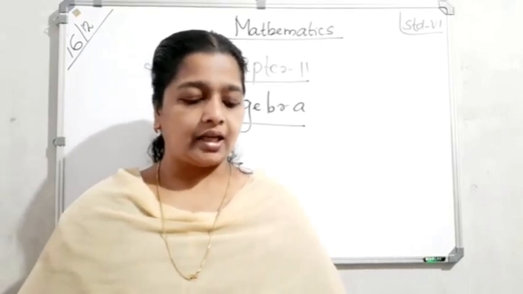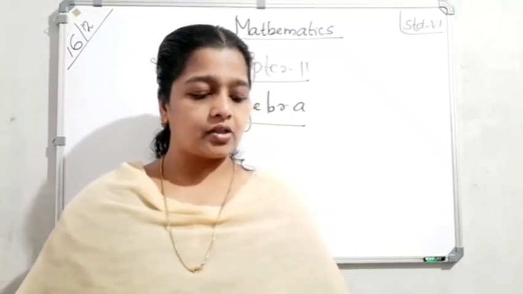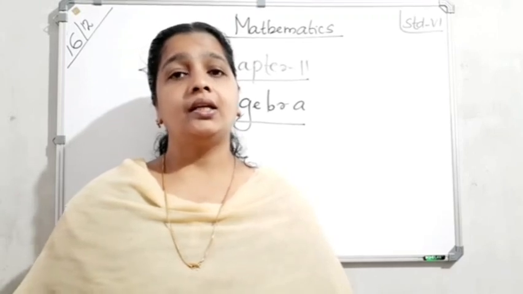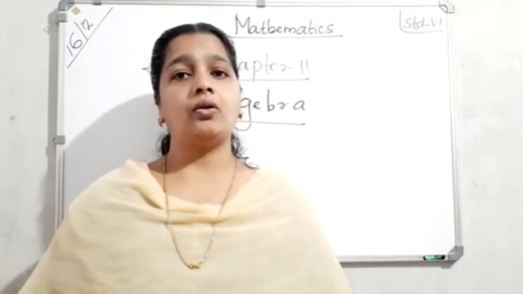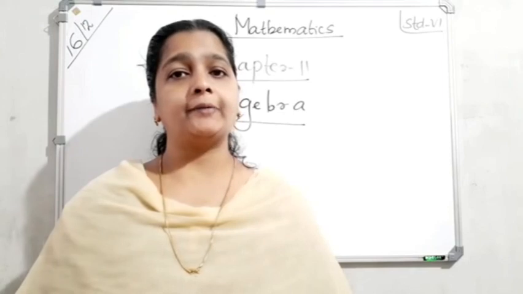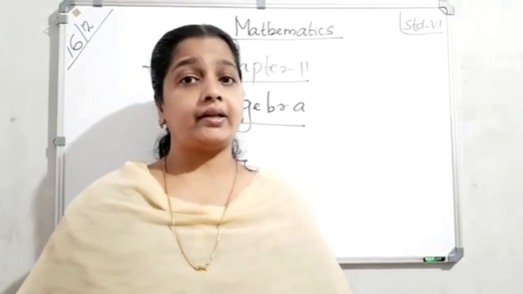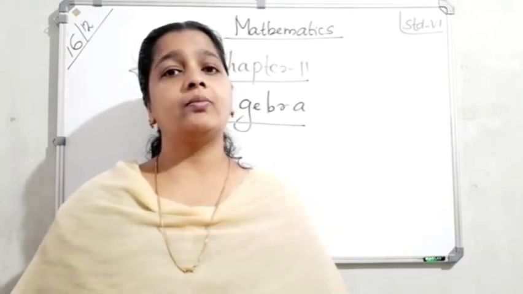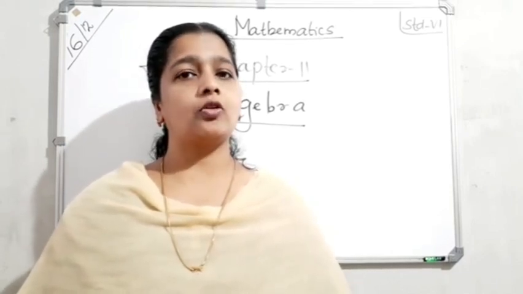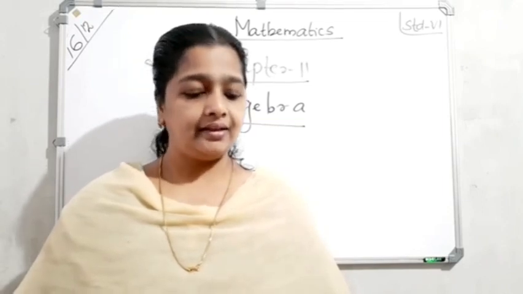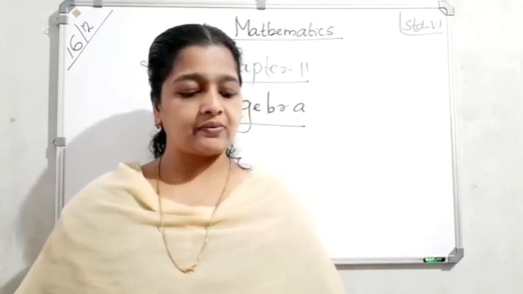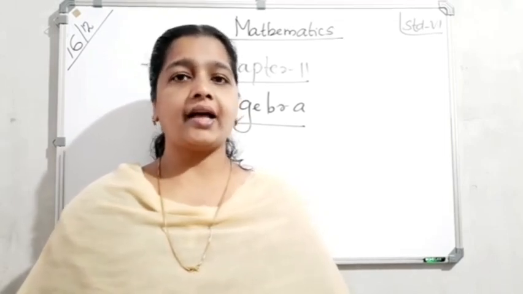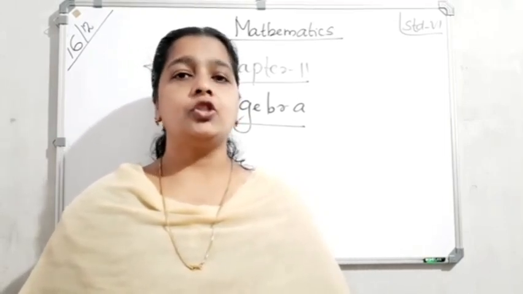Then we have also learned about figures in 2 and 3 dimensions and their properties. 2-dimensional figures, like rectangle, triangle, square, have length and breadth that we can measure. 3-dimensional means length, breadth and height, like cube, cuboid, etc. Clear? The branch of mathematics in which we studied shapes is known as geometry.